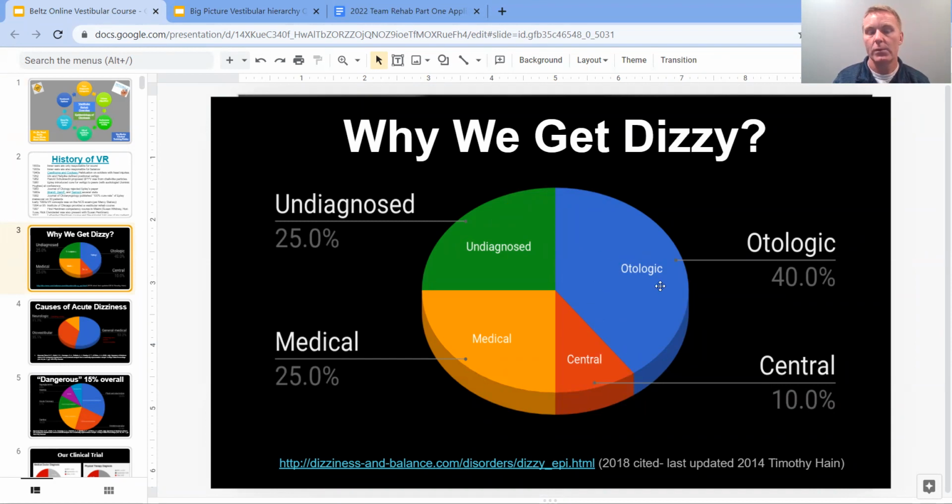As you can see, 40% of the time, it's going to be an inner ear problem. 25% of the time, we don't know exactly why patients are dizzy. And the other 25%, it's more medication, heart, toxicity, and other things.